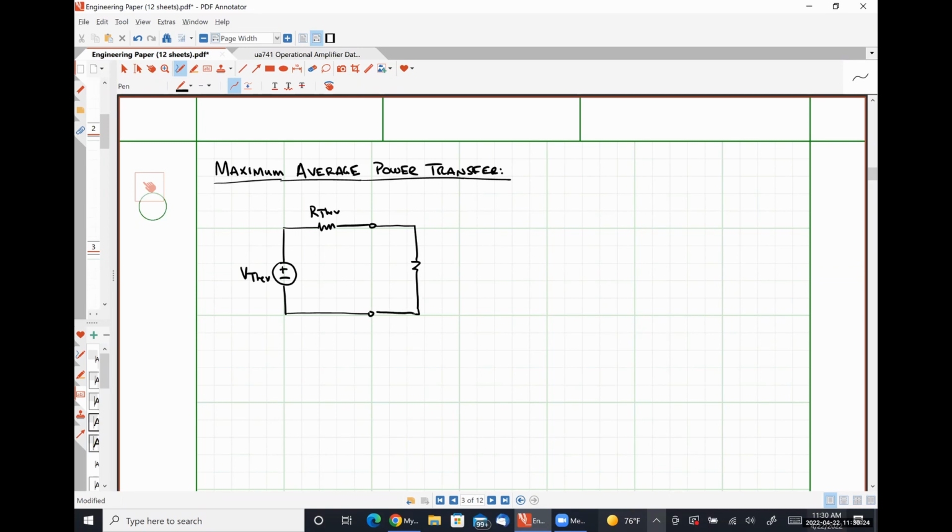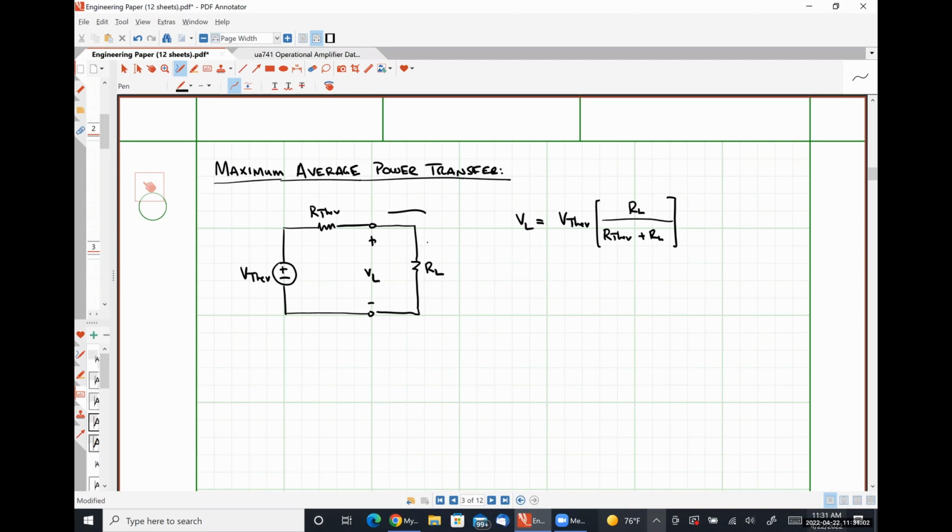and apply that Thevenin equivalent circuit to an arbitrary load resistance RL, we could determine the voltage drop over the load resistance VL as V Thevenin times a factor of RL over R Thevenin plus RL using voltage division.